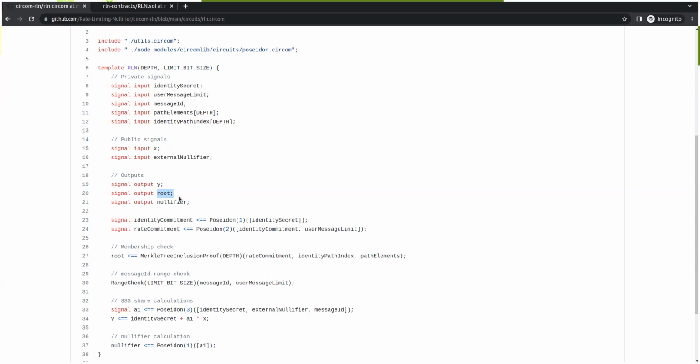If we just check the proof, it will be valid. That's why we also need to check that the root, as public input or output, is the same as the root of the real Merkle tree in the RLN app.